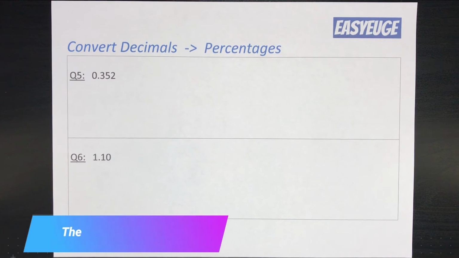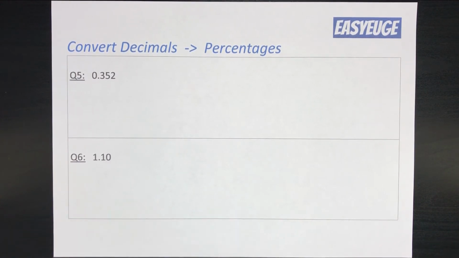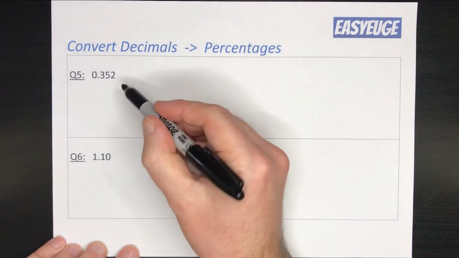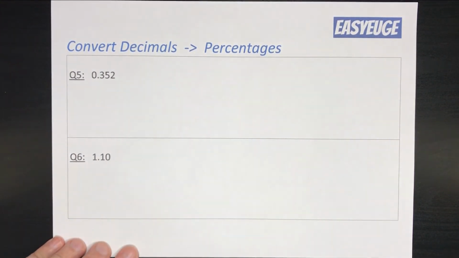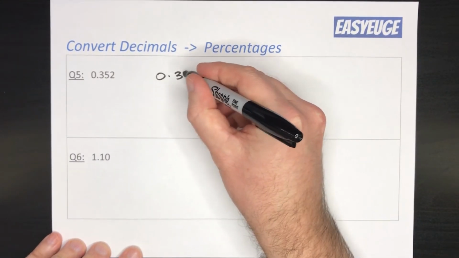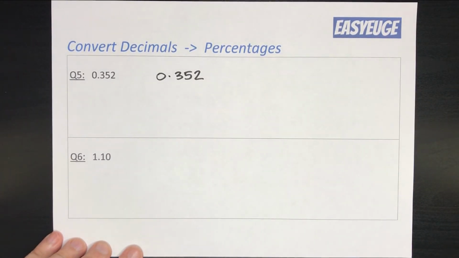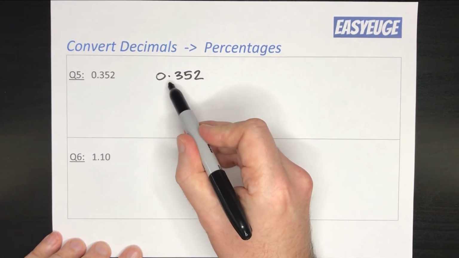In this next example, we are going to look at some more complicated decimals, like 0.352. How do you convert that into a percentage? Very simply, write down your decimal, 0.352, locate your decimal point, there it is, and multiply by 100%.